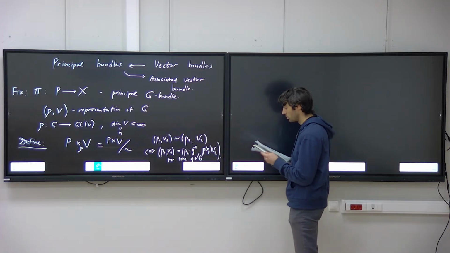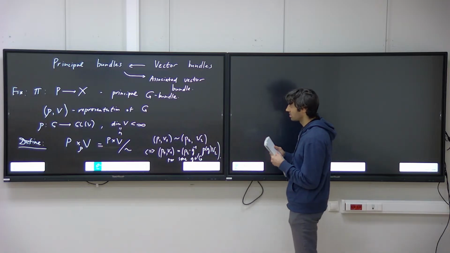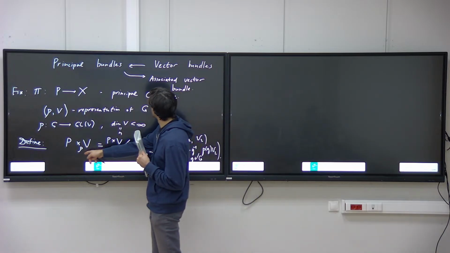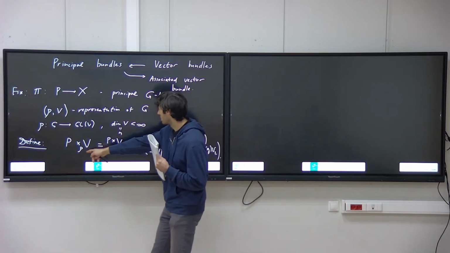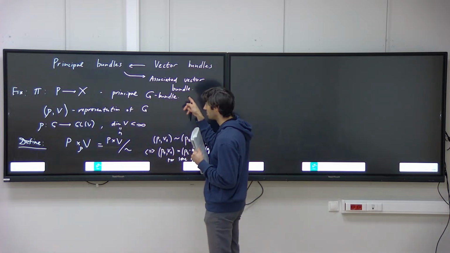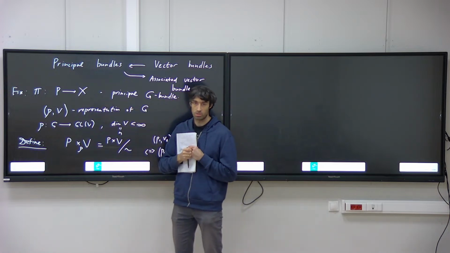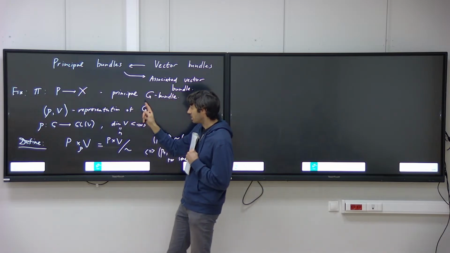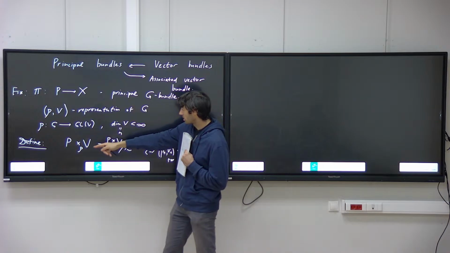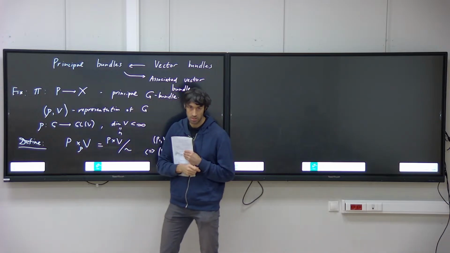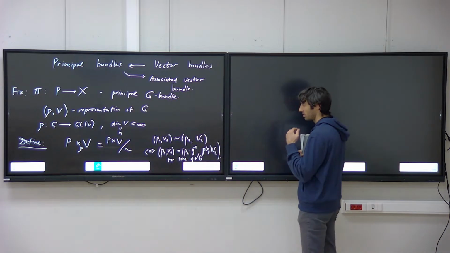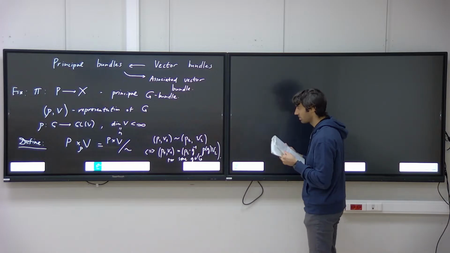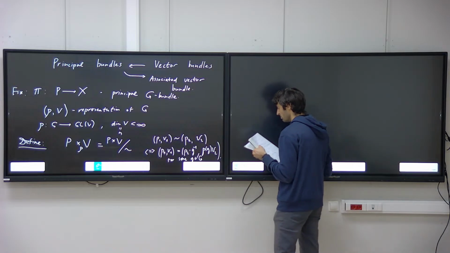But then I need to see that this is really a vector bundle over X. So that's my goal, right? I'm taking P, which is a principal bundle, and I'm making a vector bundle over X. All right. So I would like to introduce a vector bundle structure.